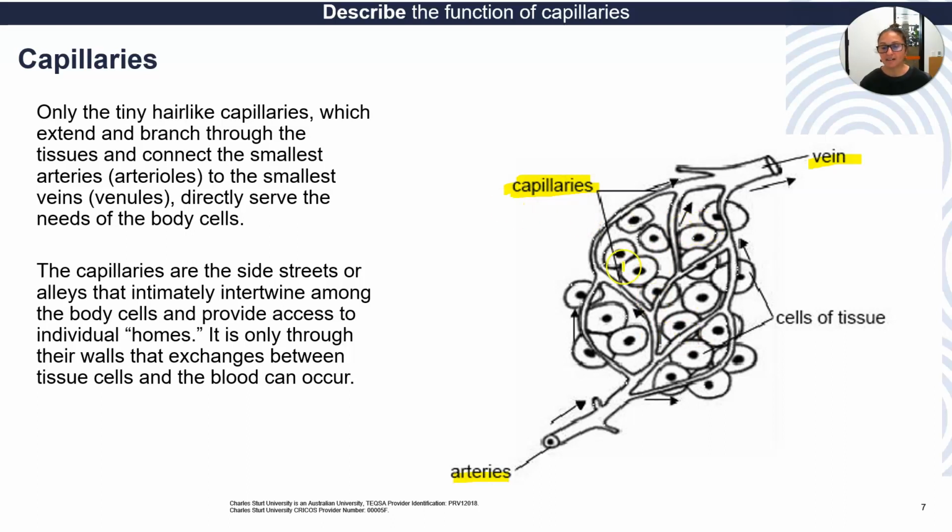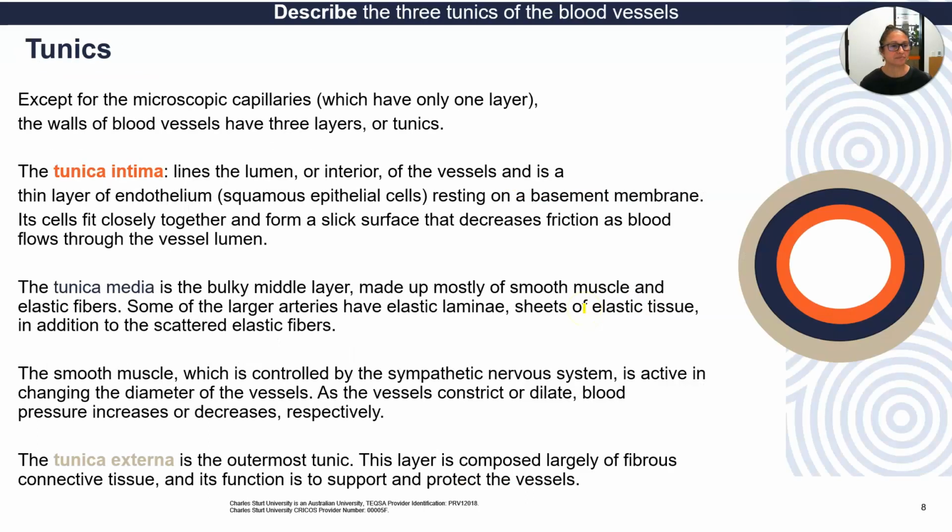So remember that a tissue is a population of cells, and capillaries are the little blood vessels that deliver blood to the cells in that tissue. Okay, so you need to understand that the capillary bed is where all of this interaction happens.